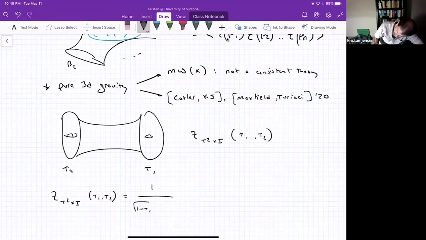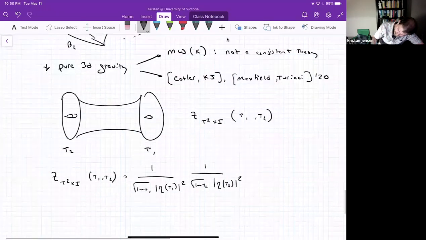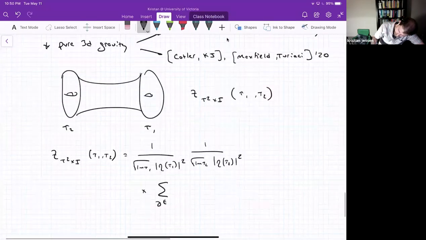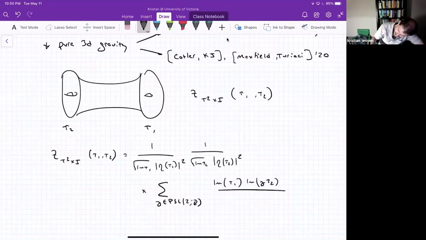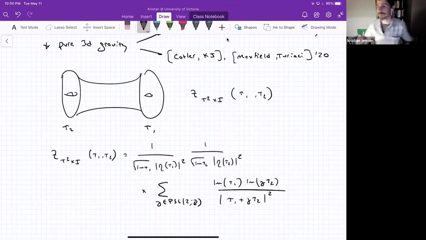It's 1 over square root of Im tau1 times |eta(tau1)|^2, where eta is the Dedekind eta function, times Im tau2 times |eta(tau2)|^2, times the sum over PSL(2,Z) elements gamma of Im tau1 Im(gamma tau2) over |tau1 + gamma tau2|^2.